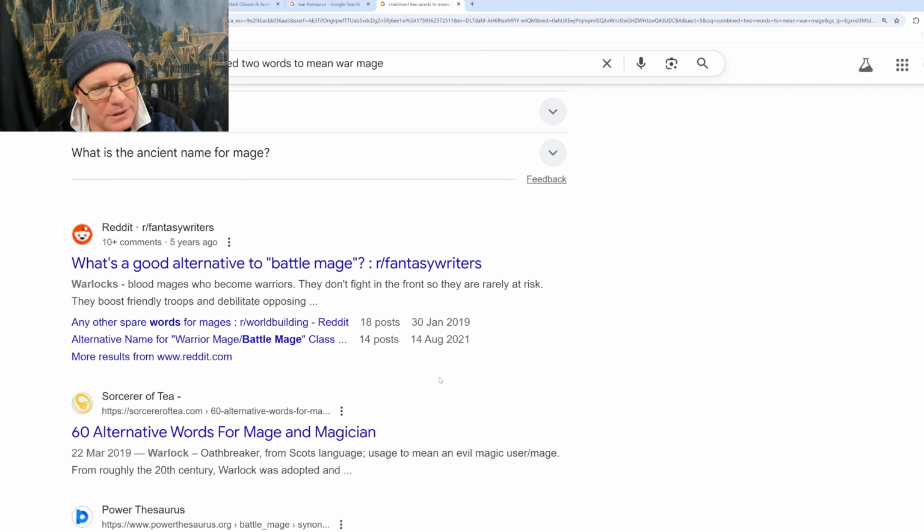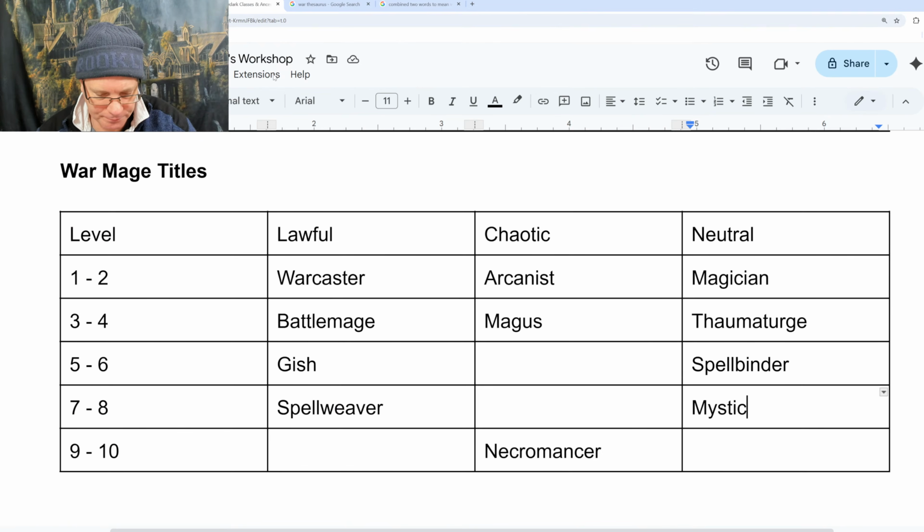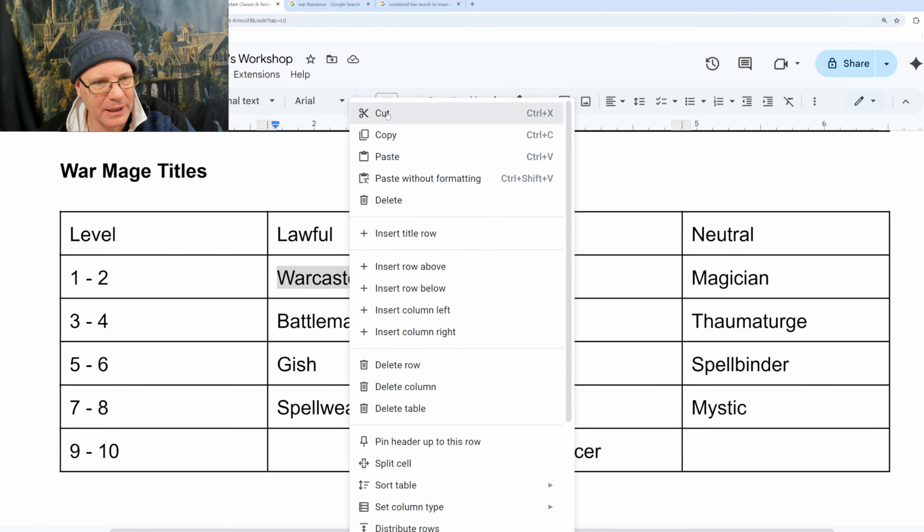I guess what's another way? Spellblade, Spell Sword. Maybe I just have to use those titles anyway, just to get myself over the top. Because right now it doesn't feel like I'm going to be able to get it over the top. Let's go here and cut this.